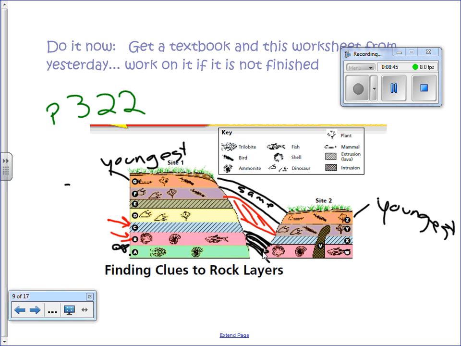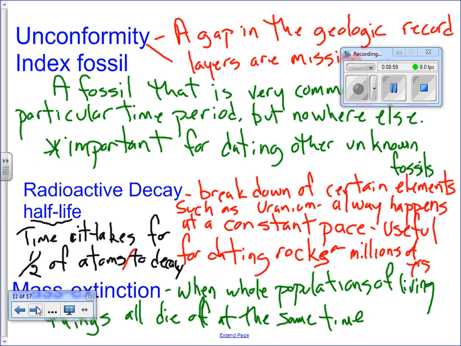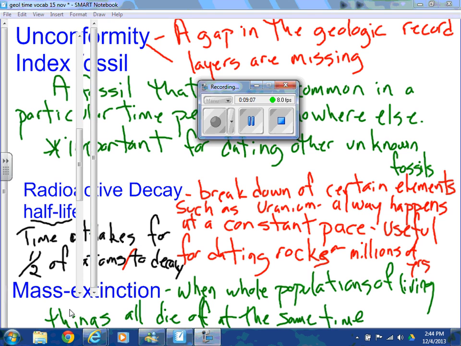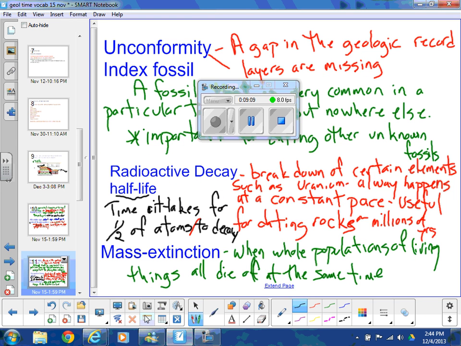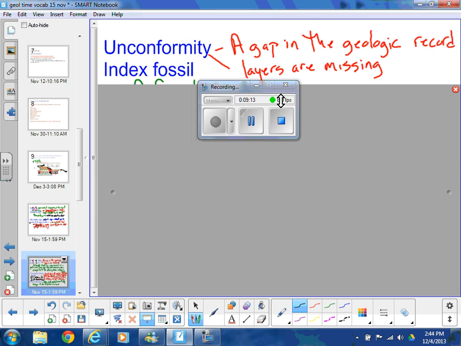Now, the tricky one. Number 7, what clues show an unconformity or gap in the horizontal rock layers? What layers are missing and what might have happened? So yeah, that's 3 questions in one. So let's jump over to, let's see, we'll get back to that. Unconformity. An unconformity is a gap in the fossil record where layers are either missing or possibly they never formed at all.